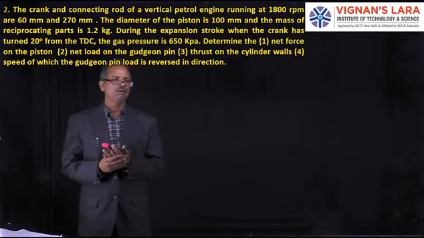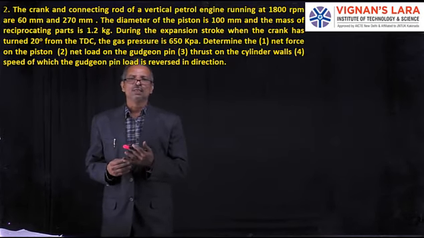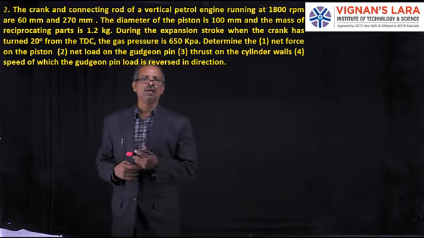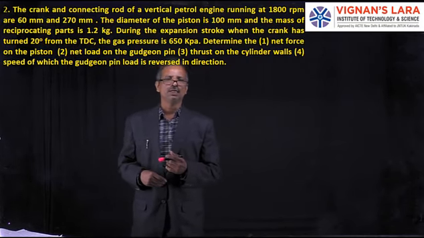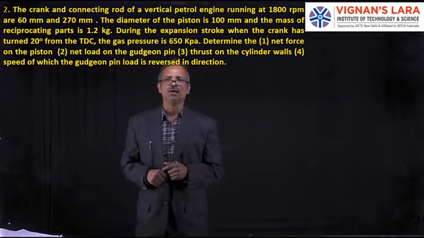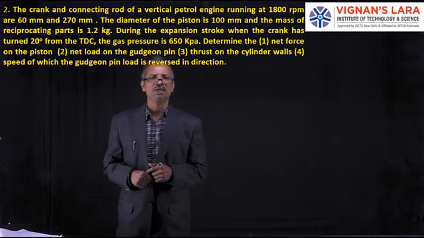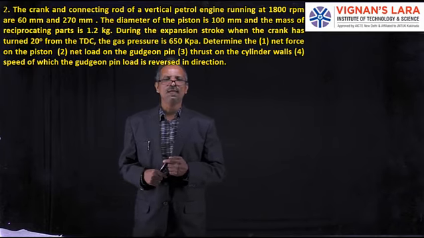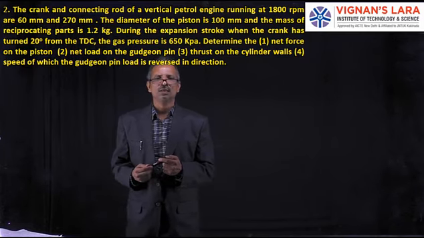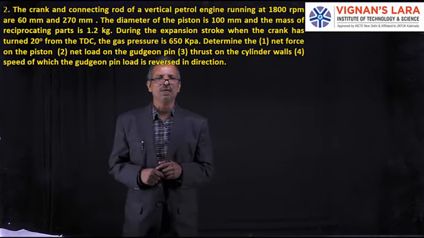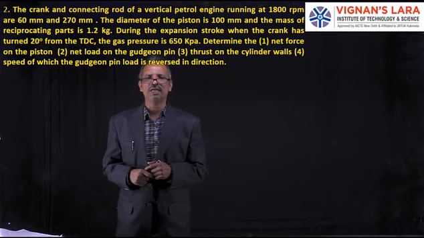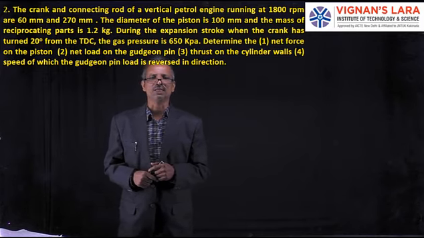So let us solve a second problem. The crank and connecting rod of a vertical petrol engine running at 1800 rpm are 60 mm and 270 mm. The diameter of the piston is 100 mm and the mass of the reciprocating parts is 1.2 kg.